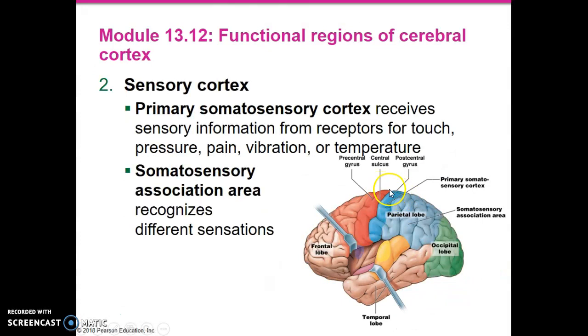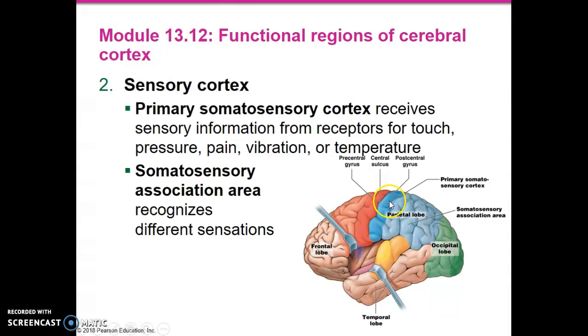For sensory, you'll see the same kind of situation here, where you've got your primary sensory cortex, somatosensory cortex, and just next to it is the somatosensory association area.